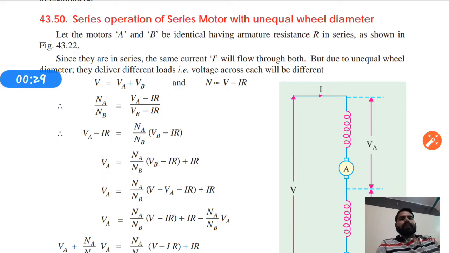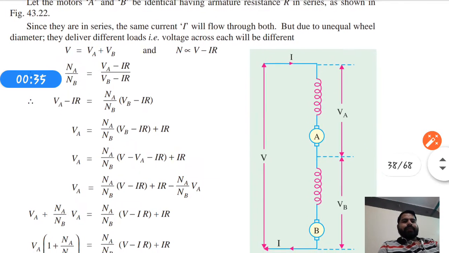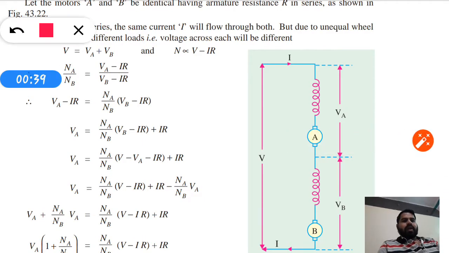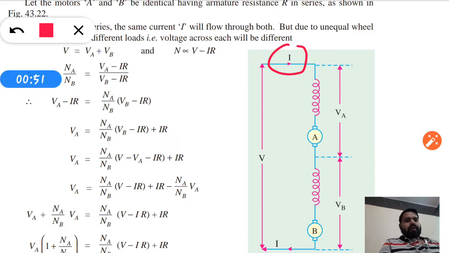Let the motors A and B be identical motors, having the armature resistance capital R in series, and the current I flows through both motors.